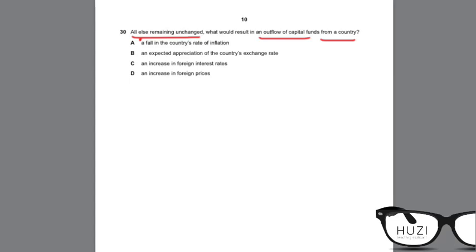So the money supply in another country increases. No, actually, this might be a hot capital inflow for the foreign country. So an increase in foreign interest rates seems like an answer. Okay, I'll leave this a question mark. I really don't know what the answer to this one is.